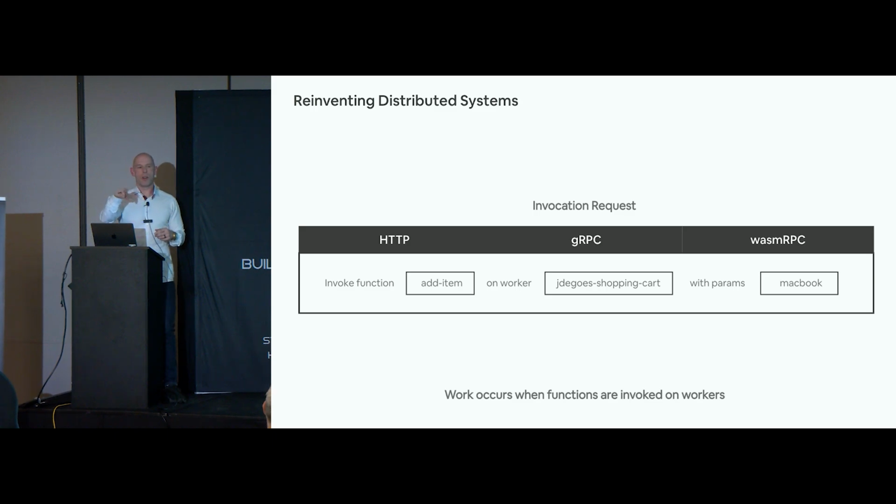You call a function on a certain worker. And again, that worker could be a new worker created per request, or it could be a more persistent worker that's dedicated to managing a particular user's data, or whatever. That's up to you to decide. But the fundamental way you trigger computation in Golem is by calling a function on a certain worker.